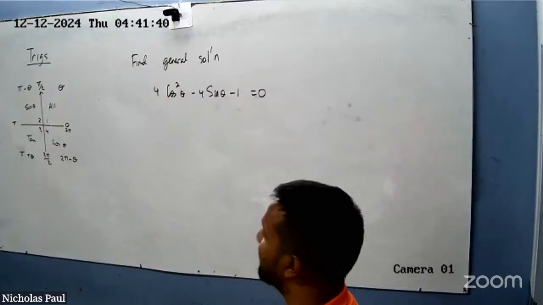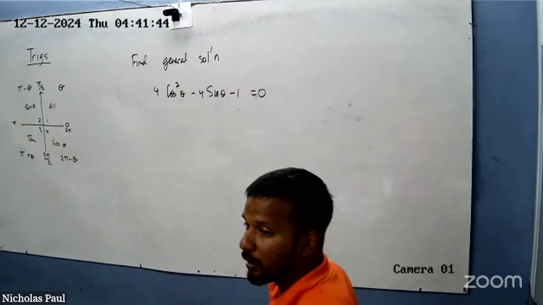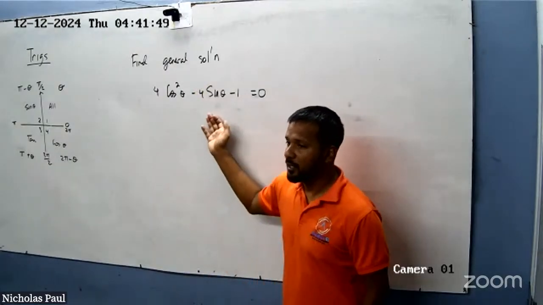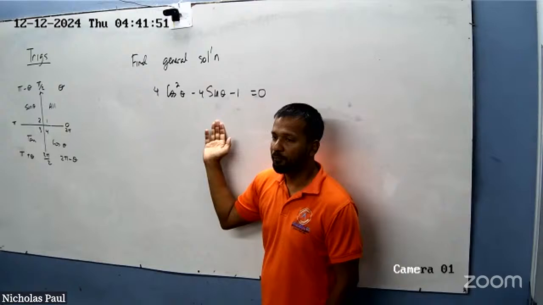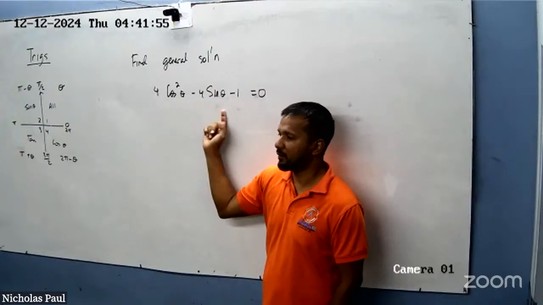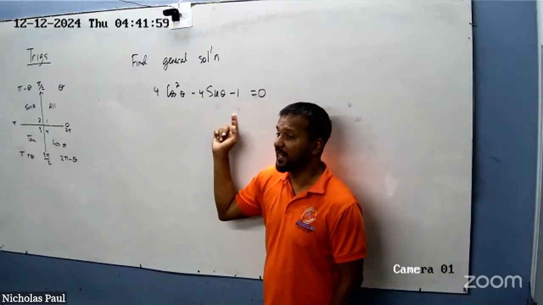All right, so let's try this. I want you to find the general solution for this quadratic. Anybody remember the problem here? It has both cosine and sine, so we need to get sine alone.